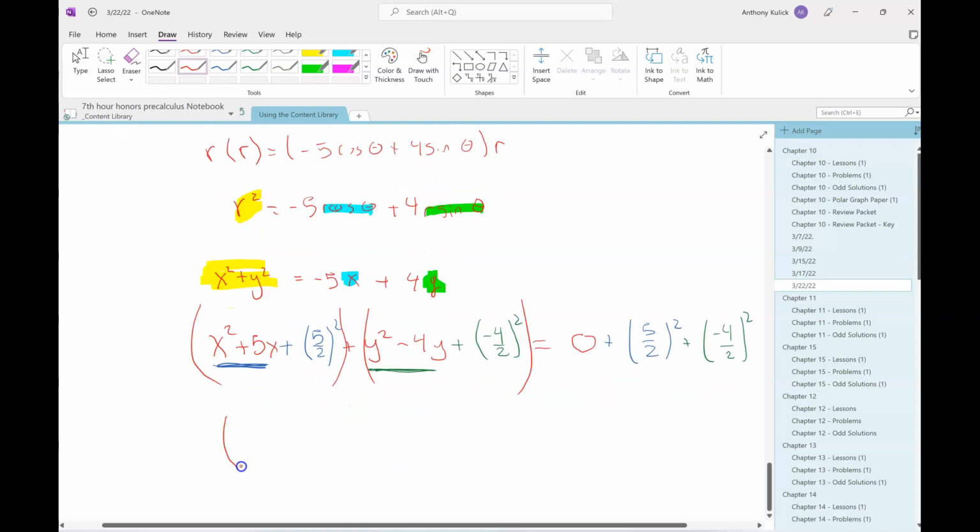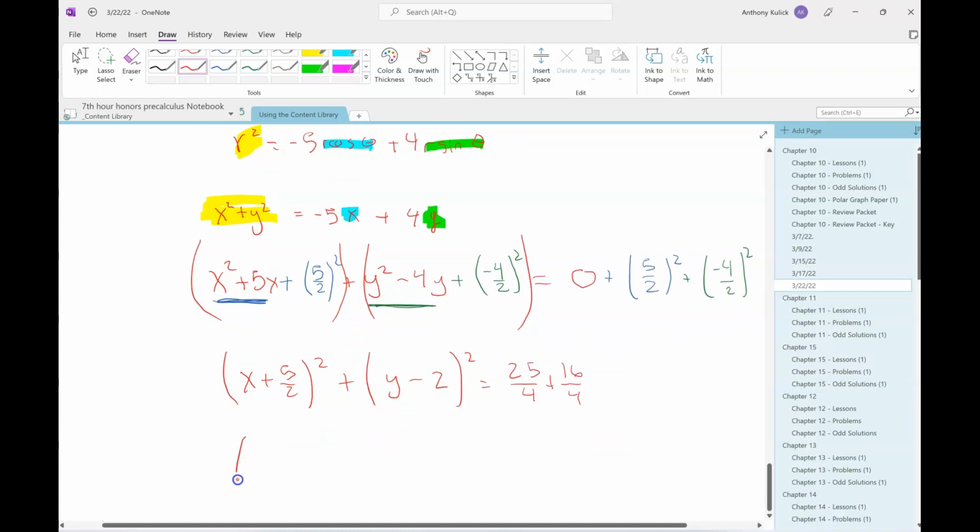So the first piece factors into x plus 5 over 2 quantity squared. The second piece becomes y minus 2 quantity squared. And then I have 25 over 4 plus 16 over 4. When I add those together, I get 41 over 4.